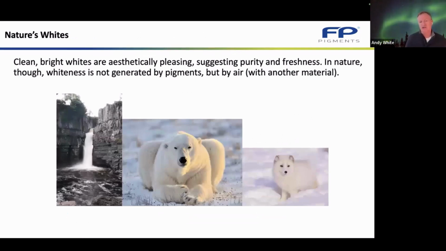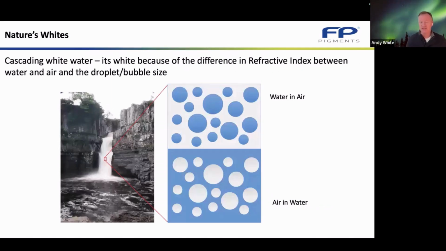And it's worth thinking, when you think about how titanium dioxide works, about how we see white things in nature. We see here some foam in a waterfall, or a polar bear, or an Arctic fox. They're all white. How do they appear white? What is whiteness? It has to be the scattering of all wavelengths of light. Otherwise, you'd see what was underneath. In the case of the waterfall, you're looking at different bubbles of air in water or different droplets of water in air.